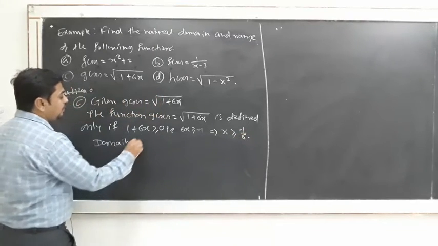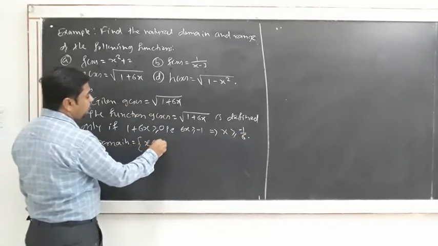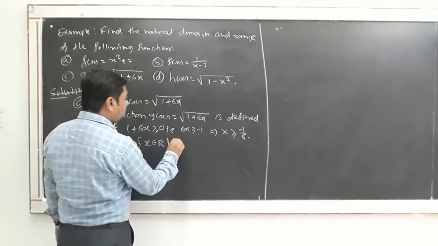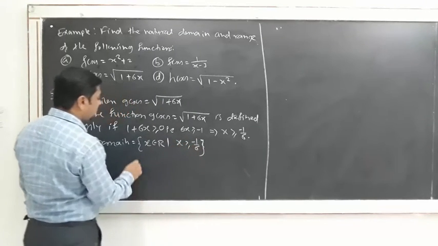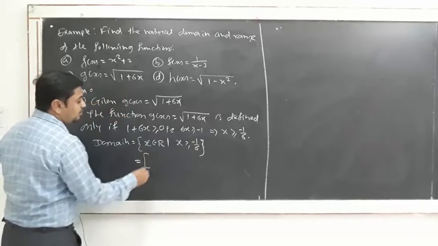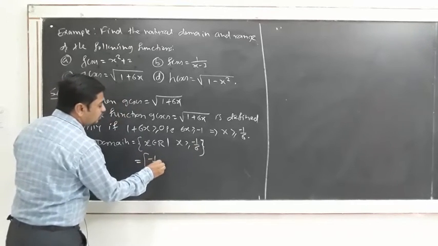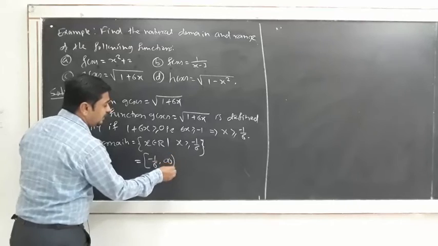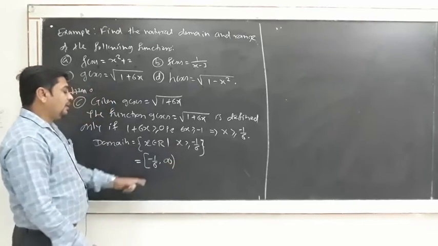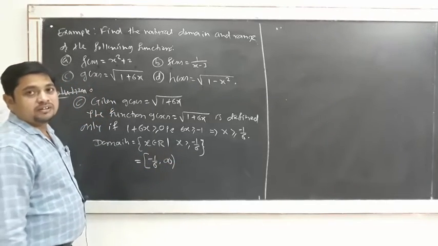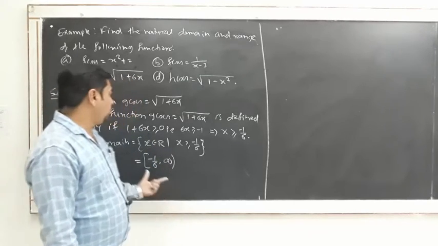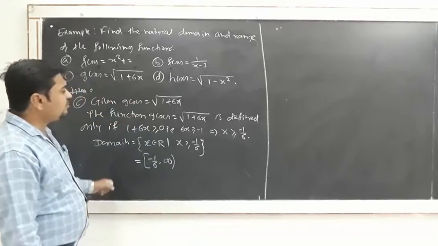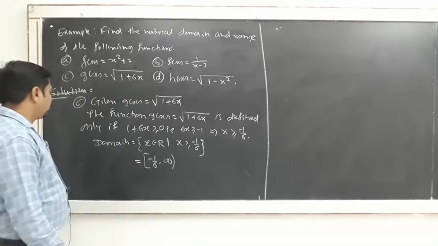And here the domain you can write as all x belongs to R, such that x is greater than or equal to minus 1 by 6, and this can be written in the form of minus 1 by 6 to infinity. That is, all x greater than or equal to minus 1 by 6 and up to infinity. Okay, so this is our domain of the given function.